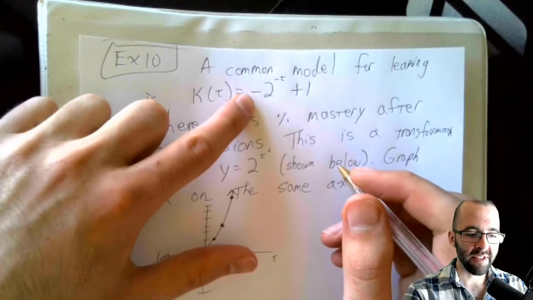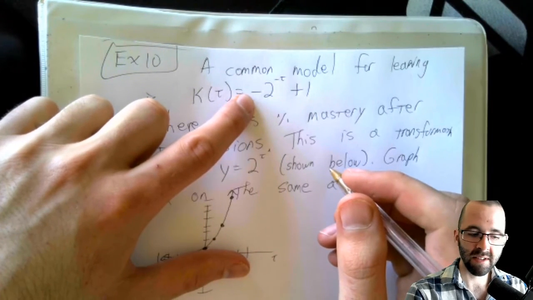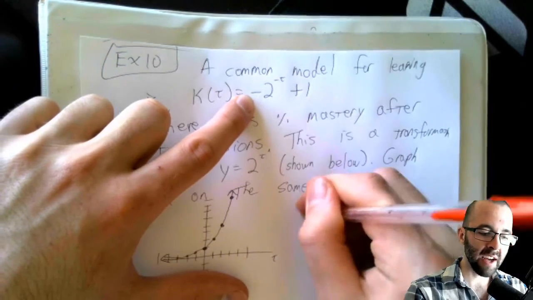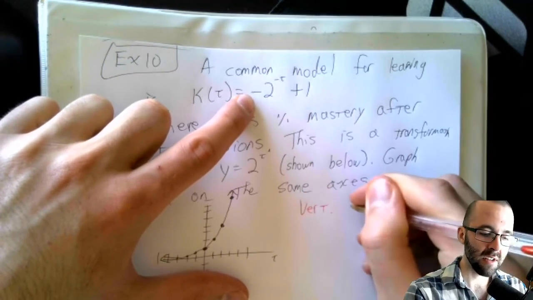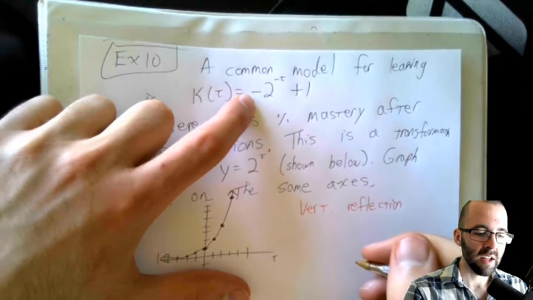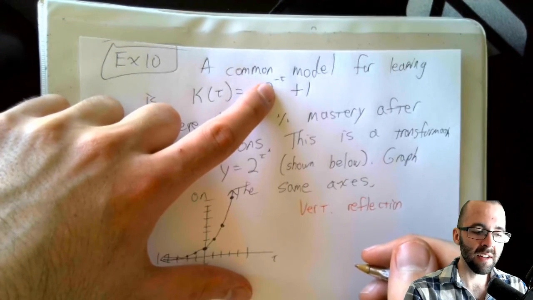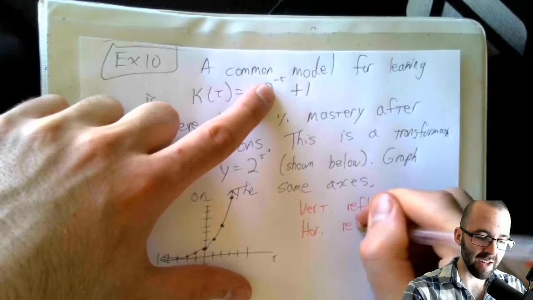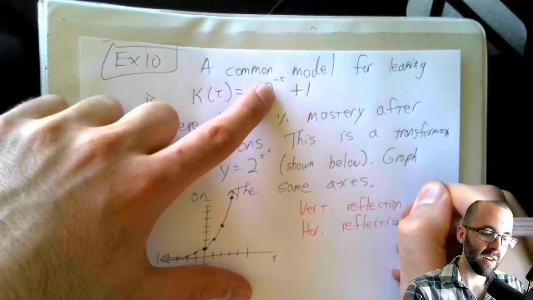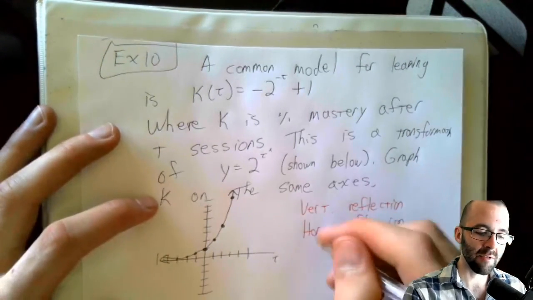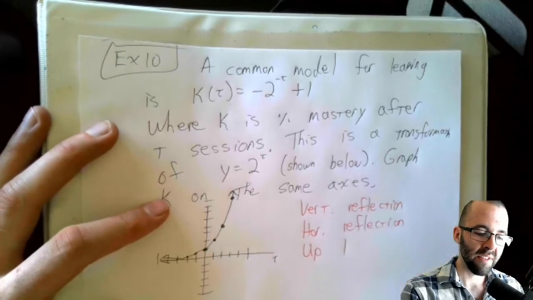So, let's start with the negatives. Negative on the outside is a vertical reflection. Negative on the inside is a horizontal reflection. We got a double reflection. Wow. And then a +1 on the outside is a vertical shift up 1.